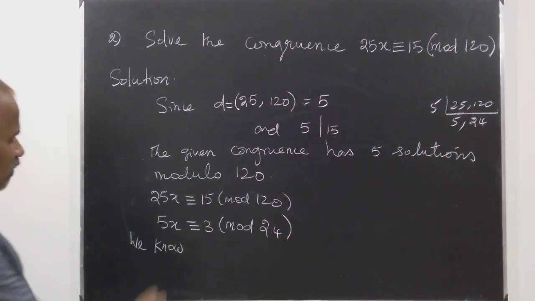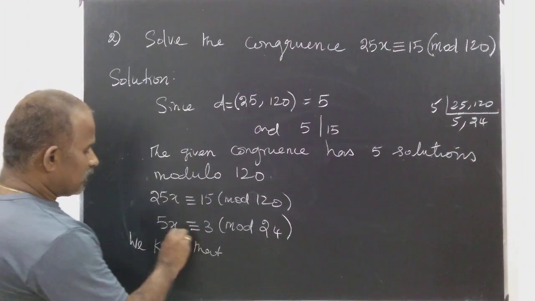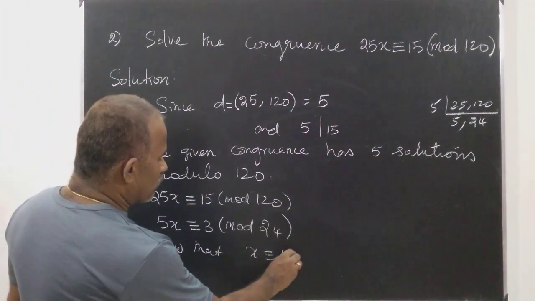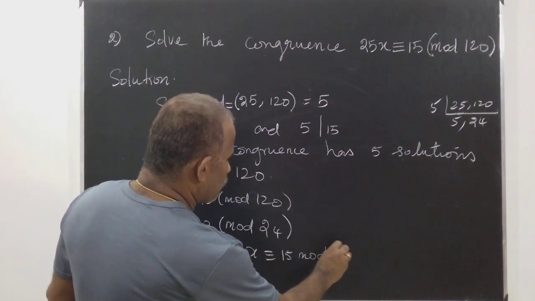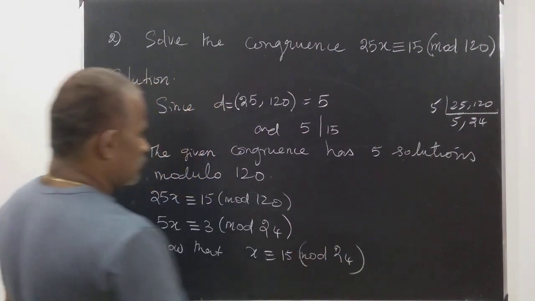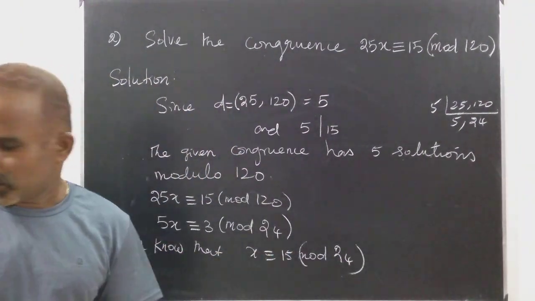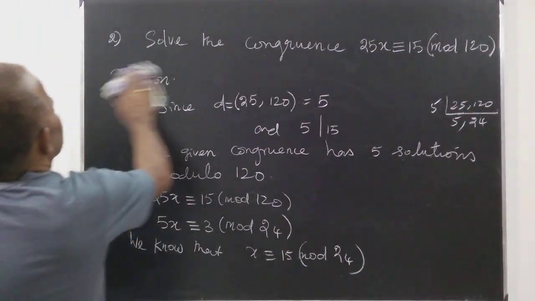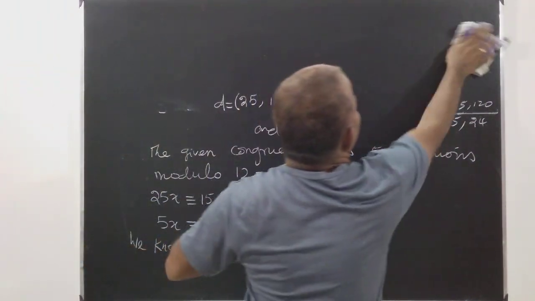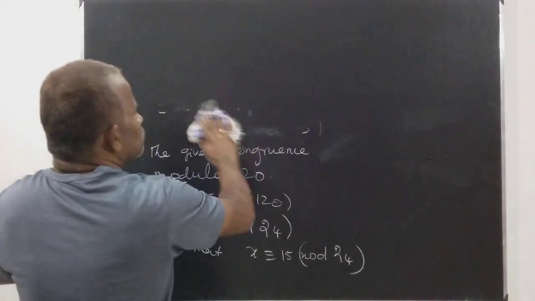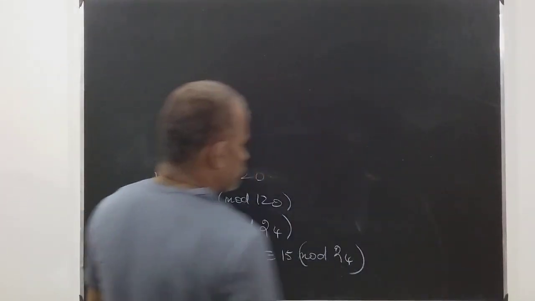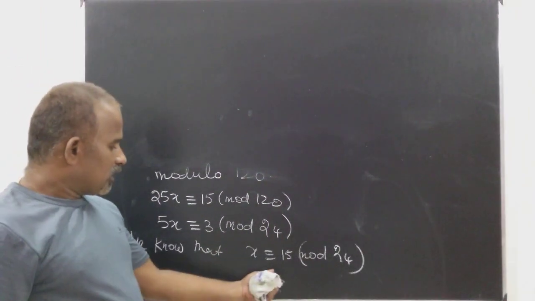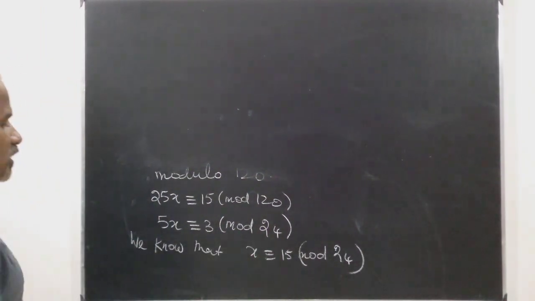From the first problem we know that x is congruent to 15 mod 24. So the solution is 15, and this is one of the solutions.